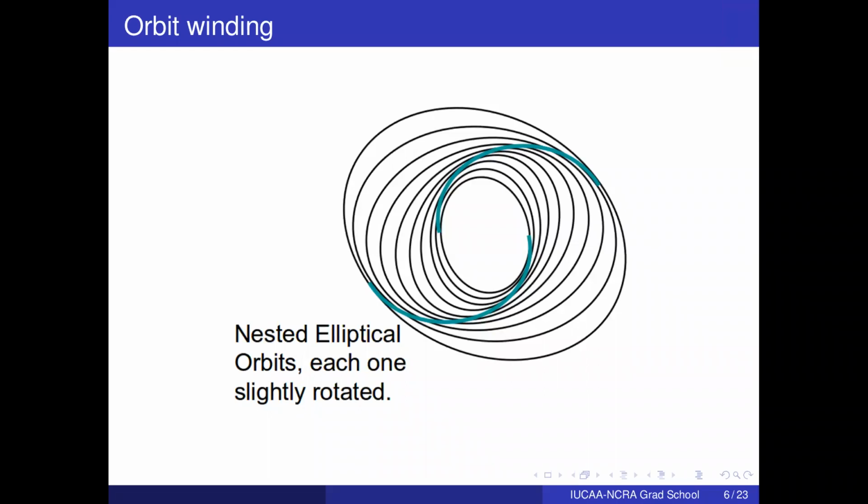So these orbits are not closed orbits. That whole structure is going to be rotating with time. So nothing is closed, but a set of orbits that are in the same plane but different ellipticities and position angles can create such structures.